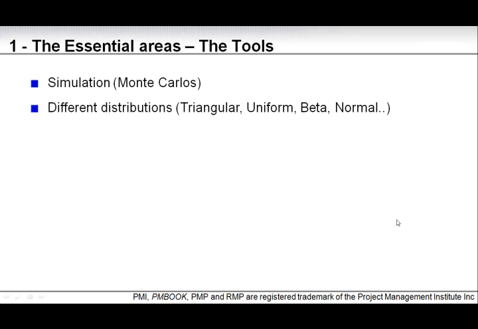So you need to be able to distinguish what is what, how each distribution looks, and where it is applied. Sensitivity analysis is in a number of questions. And here you need to know that the tornado diagram is how you visualize the result of a sensitivity analysis. So you need to know what the analysis is all about, and you need to know that the tornado diagram is the output of such analysis.